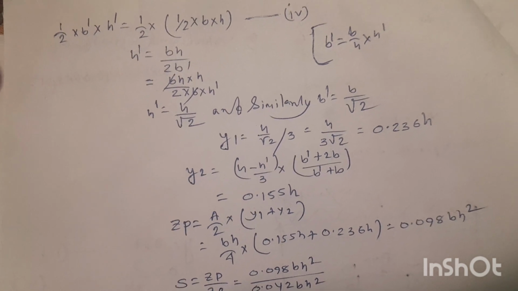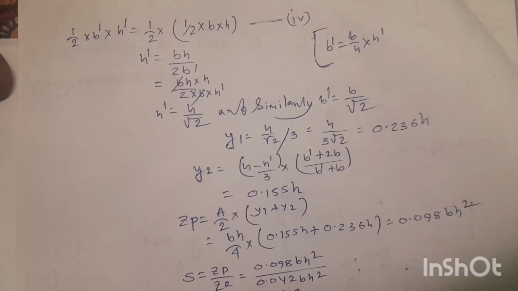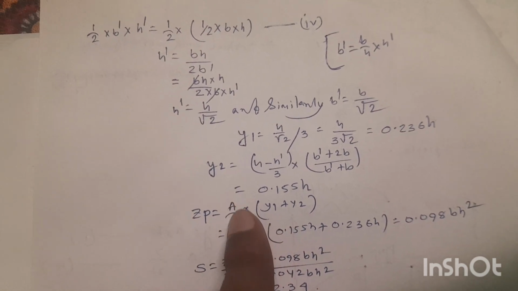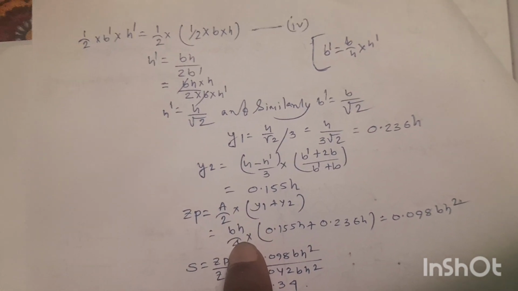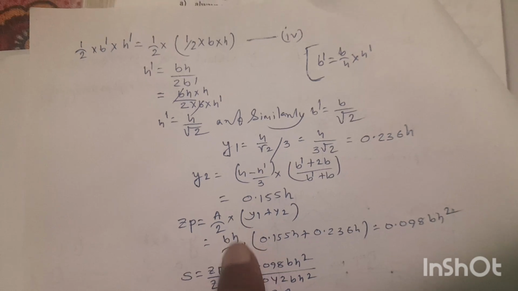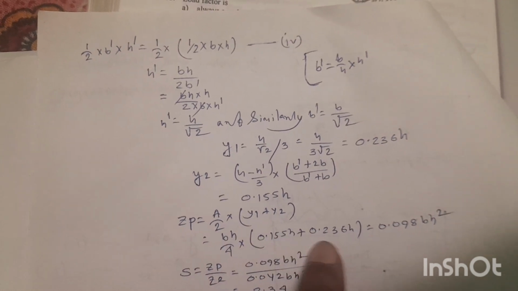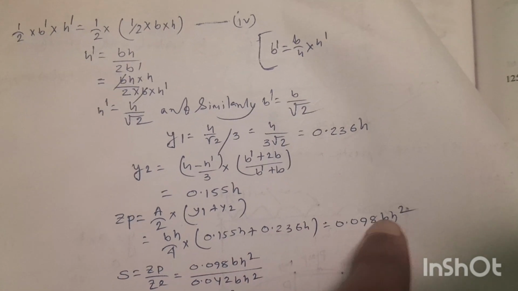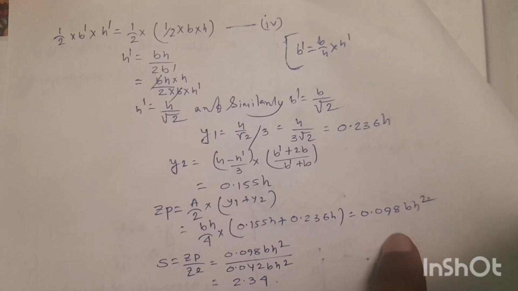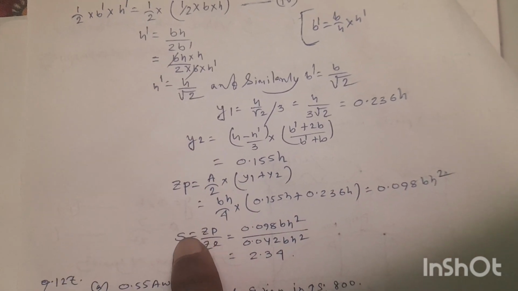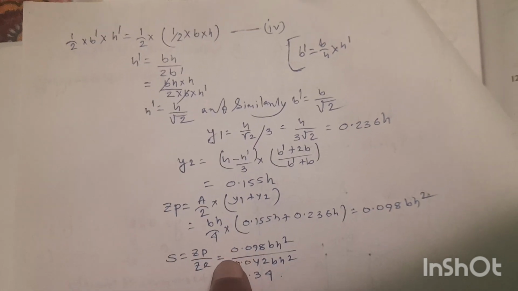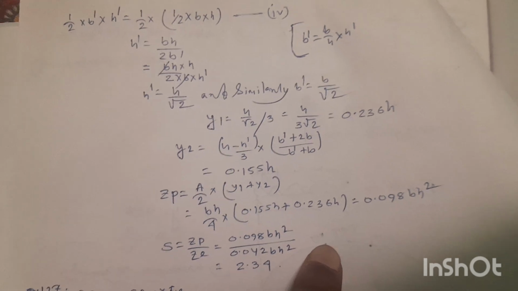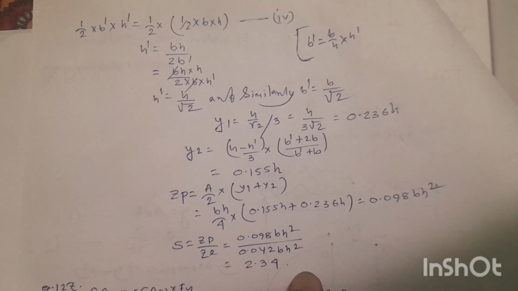So ZP will be equal to A by 2 into (y1 plus y2). We know the area of this triangle is half into B into H, and y1 and y2 we know the values, so if we put them, we will get ZP equal to 0.098 BH square. So shape factor S equal to ZP by ZD. We know ZP equal to 0.098 BH square and ZD is 0.042 BH square. If we calculate, it will be 2.34.